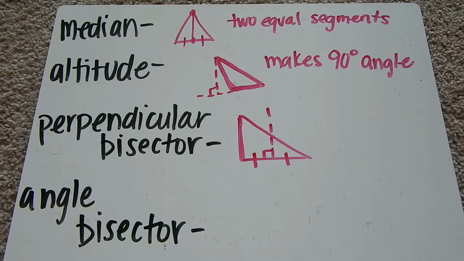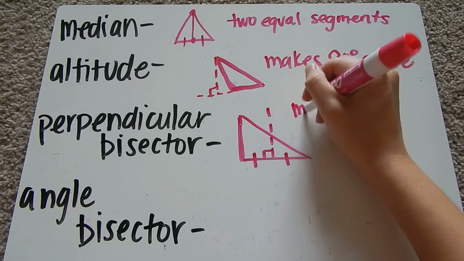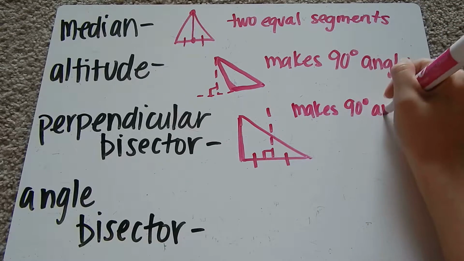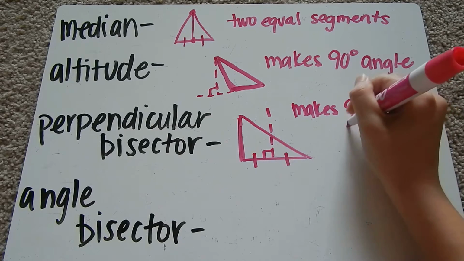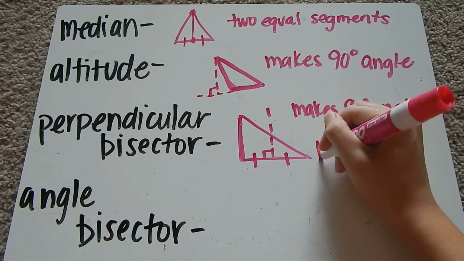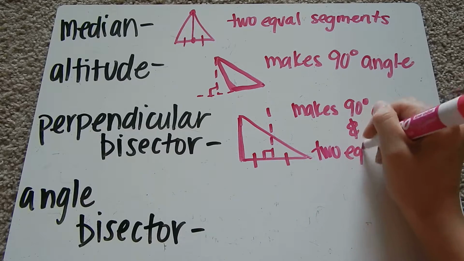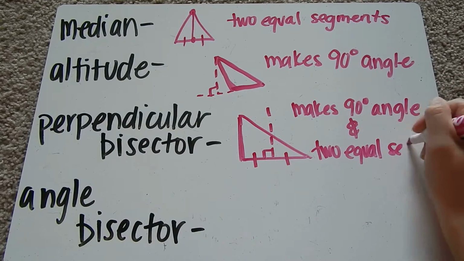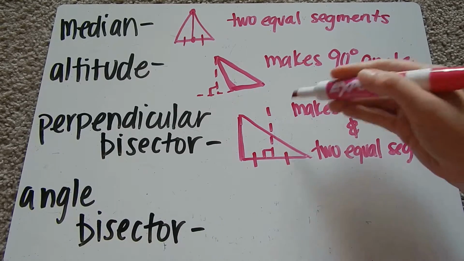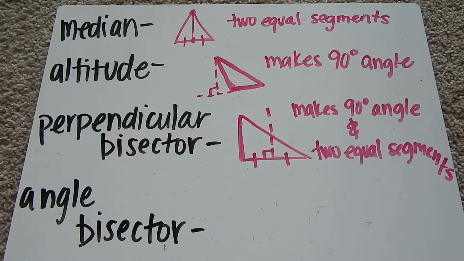So it actually is combining median and altitude. Perpendicular means 90 degrees, so it makes a 90-degree angle, and bisector means split in two, so we also have two equal segments. Notice this one doesn't have to start at a vertex. It was just drawn straight down.